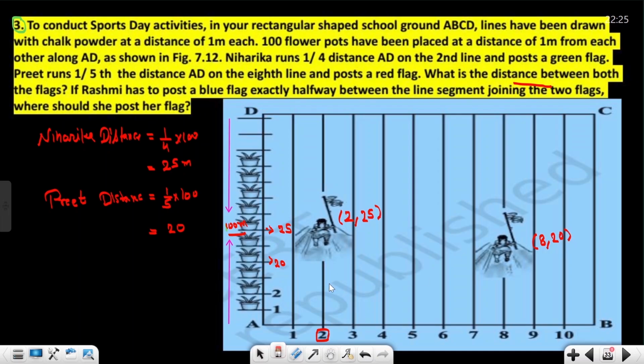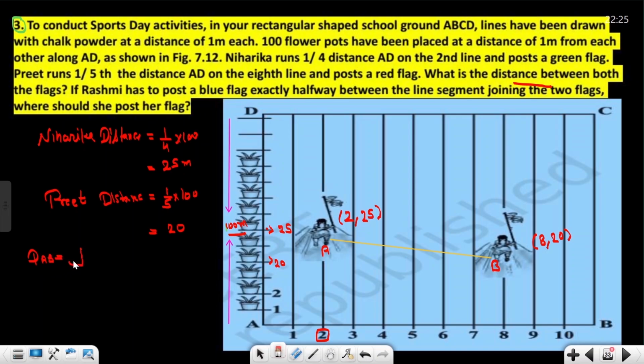Now our first target is to find the distance between them, Niharika to Preet. Our target is this line, the total distance. Suppose we call Niharika point A and Preet point B. Our target is to find the distance AB.